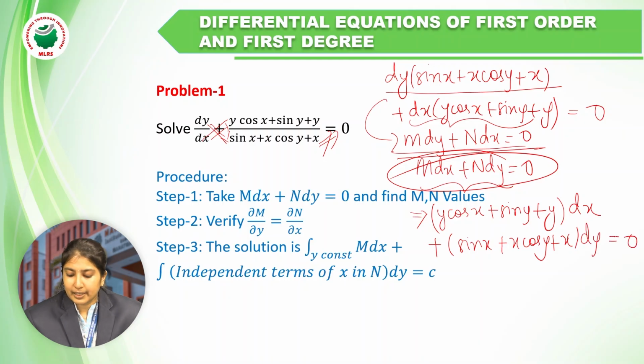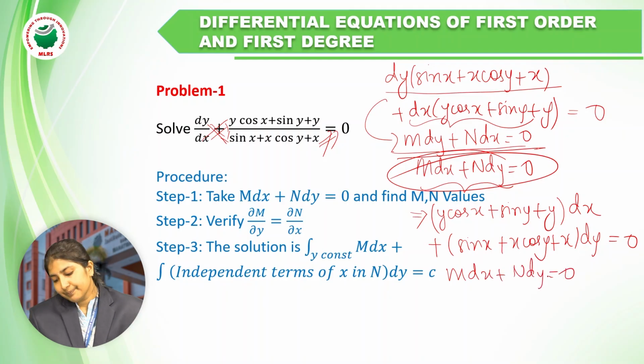Yes, now my equation is of the form m dx plus n dy equal to 0, right? So now this is a differential equation. Now what we have to do? We have to show that it is an exact differential equation.